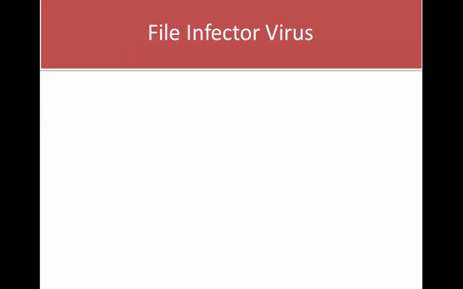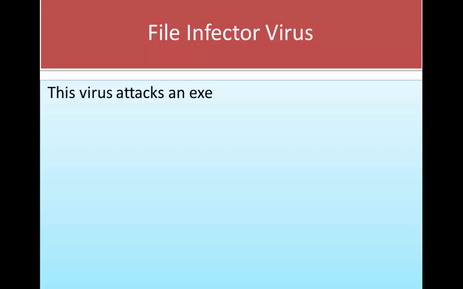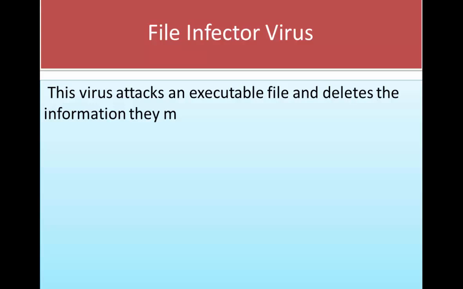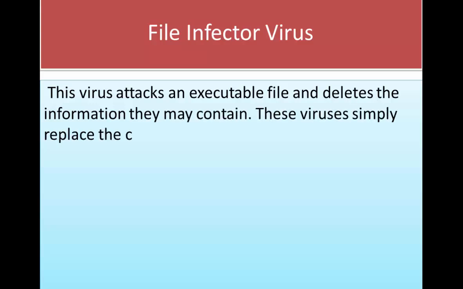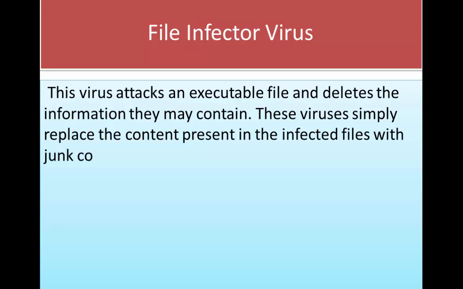Now next is the file infector virus. This virus attacks an executable file and deletes the information it may contain. These viruses simply replace the content present in the infected file with junk content. So file infector virus means it infects files.